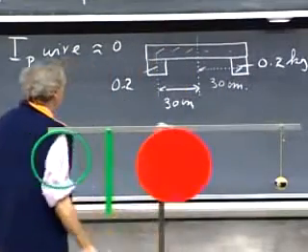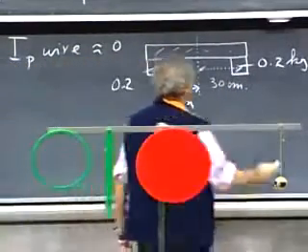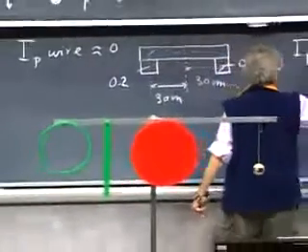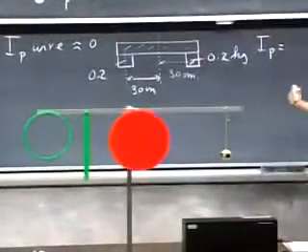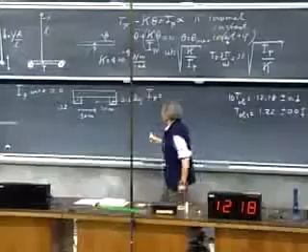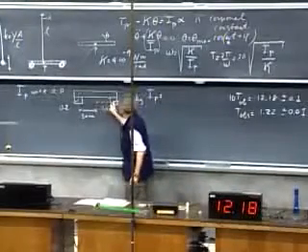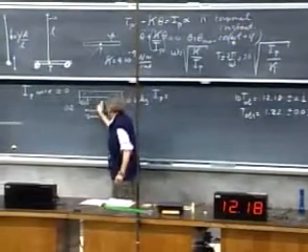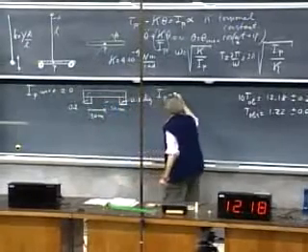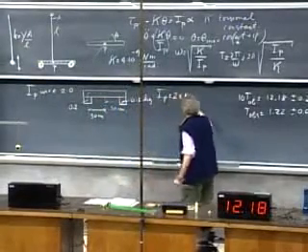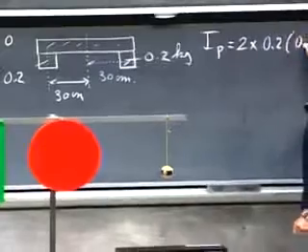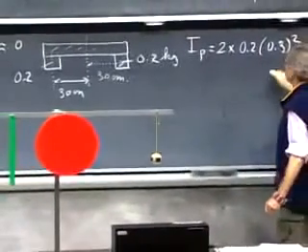So to a very good approximation, the moment of inertia for rotation about that point P will be this mass times radius squared plus this mass times radius squared. So that will be twice, because I have two masses, times the mass times the radius squared.